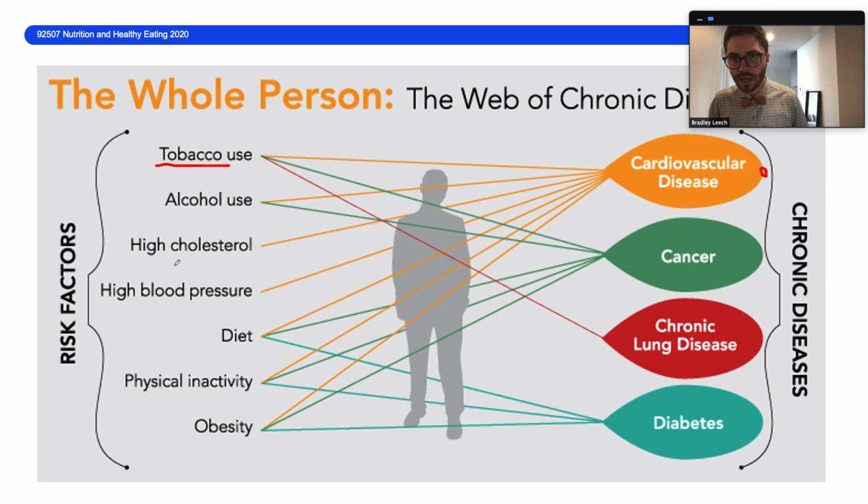However, let's come down here and see what we'd like to focus on is diet. It contributes as a risk factor for cardiovascular disease, cancer, and of course diabetes, whether that be type 1, type 2, or gestational diabetes. So you can see that these risk factors are all interlinked, and addressing these 6 or 7 risk factors can actually reduce the risk of chronic disease later on in life.